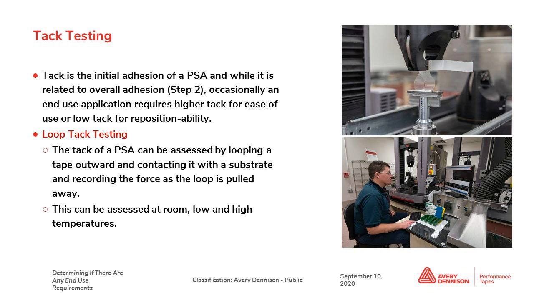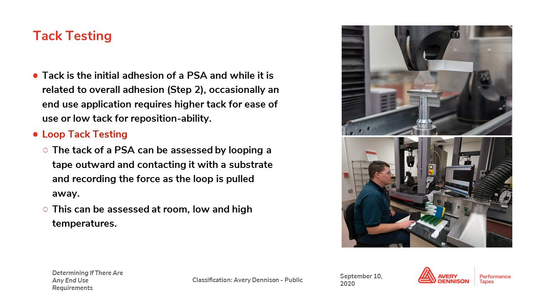And the way we test for tack, the standard way, is loop tack testing. This is pictured here on the right. It looks similar to peel adhesion testing, but here we're laminating it to a film, and we're putting the tape in a reverse loop so that the adhesive is exposed outwards, and we clamp it with the Instron machine.